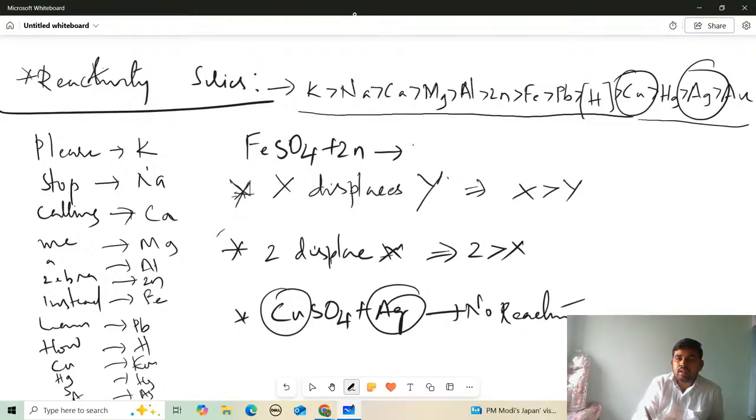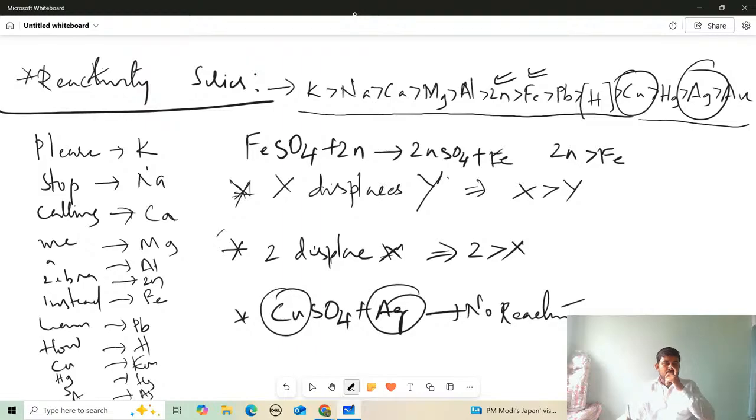ZnSO4 plus iron will be formed, because zinc is more reactive than iron. So what is the meaning of reactivity series? It is the arrangement of different metals in decreasing order of reactivity.